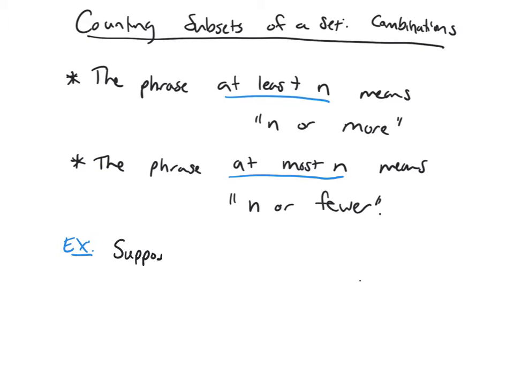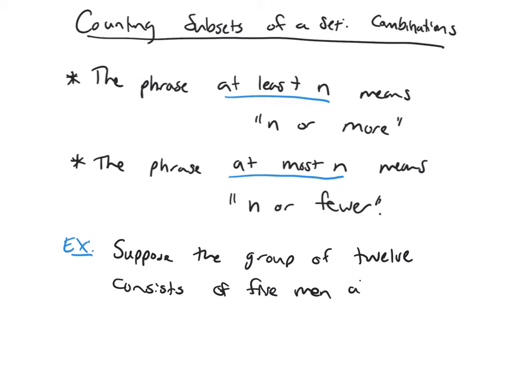Suppose we're looking back at that example where we had a group of 12 people. Suppose the group of 12 consists of 5 men and 7 women.